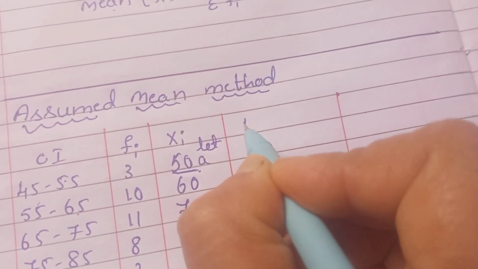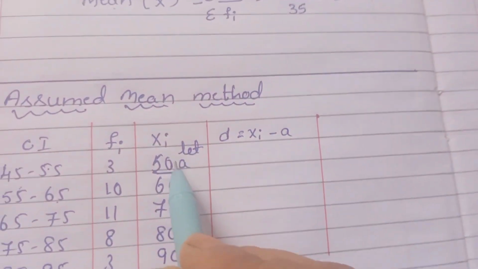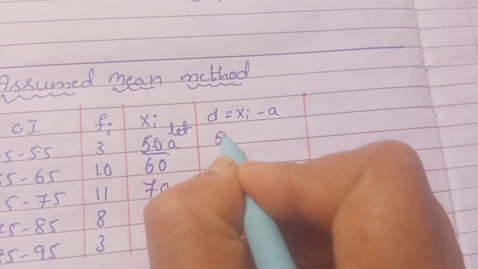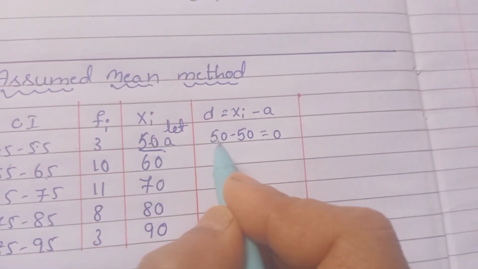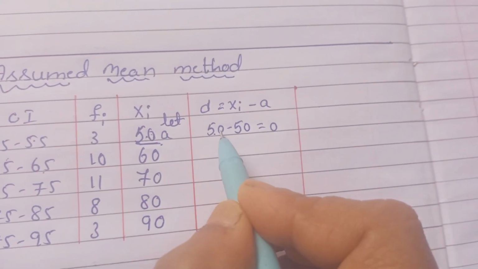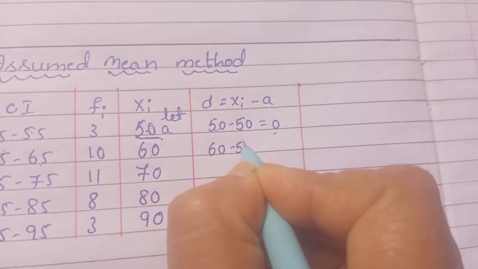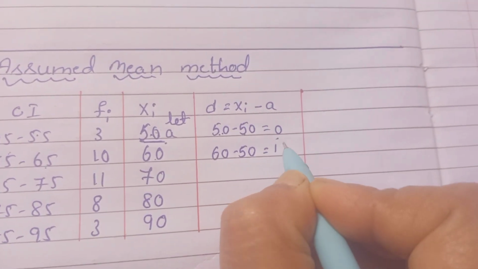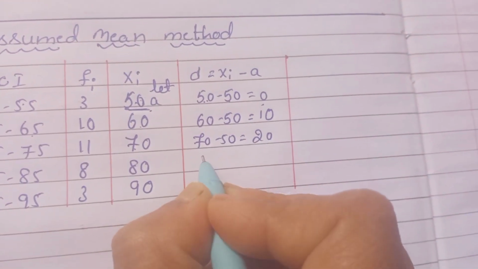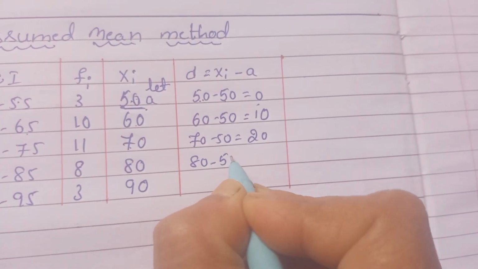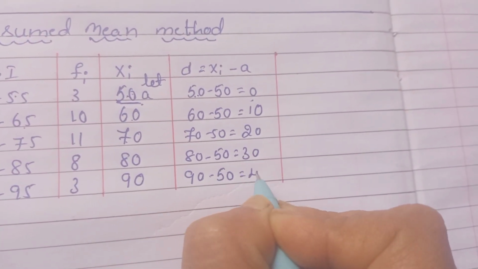Next step is deviation. D is xi minus a. 50 minus 50 is 0. 60 minus 50 is 10. 70 minus 50, 20. 80 minus 50, 30. 90 minus 50, 40.